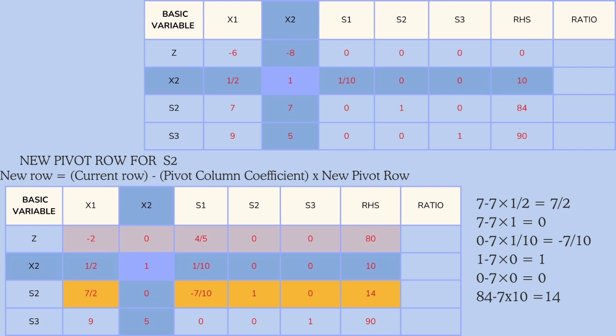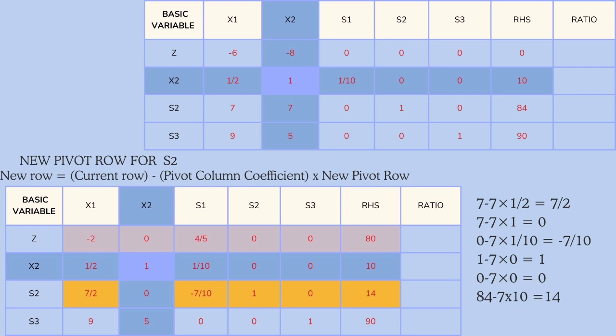So, next na, 0 minus 7 times 1 over 10 is equals to negative 7 over 10. 1 minus 7 times 0 is equals to 1. 0 minus 7 times 0 is equals to 7. 84 minus 7 times 10 is equals to 14. So, tapos na naman tayo sa S2.